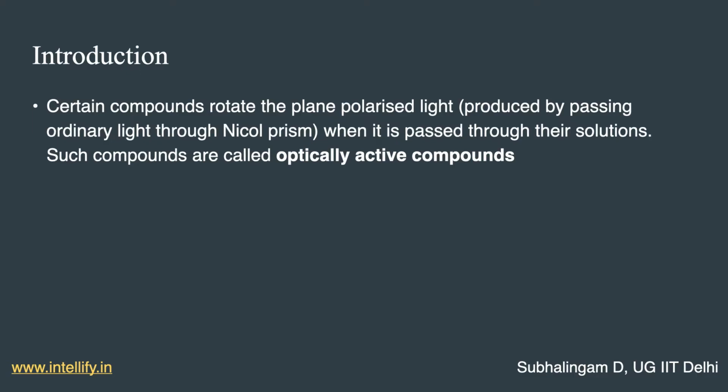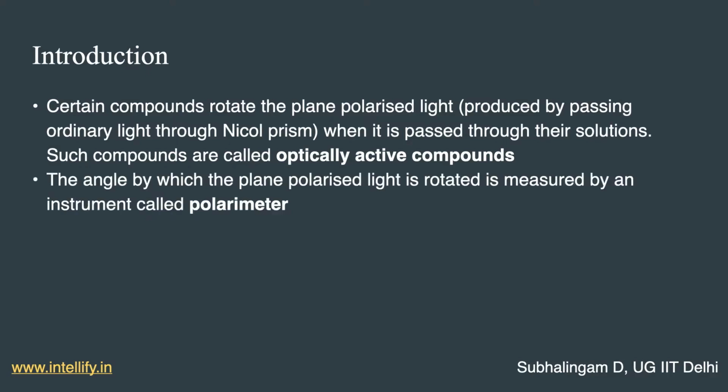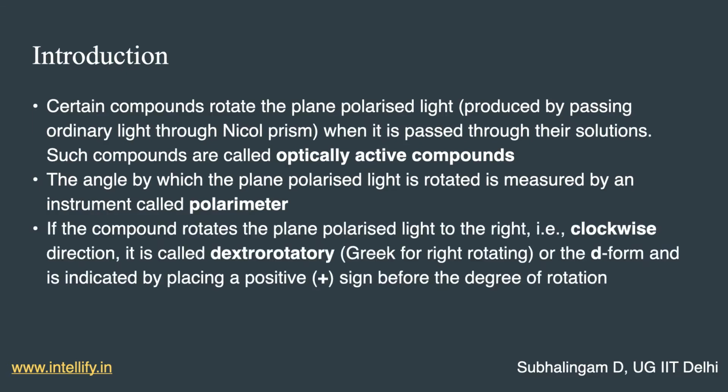Certain compounds rotate the plane polarized light, produced by passing ordinary light through a nicol prism, when it is passed through their solutions. Such compounds are said to be optically active compounds. Nicol prisms are special instruments used for producing this plane polarized light. The angle by which the plane polarized light is rotated by such optically active compounds is measured by an instrument called a polarimeter.